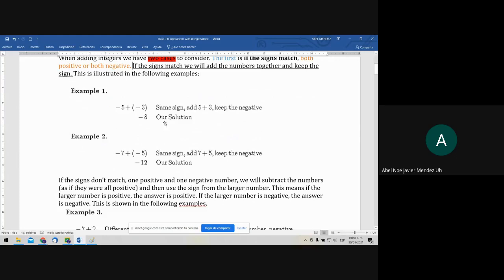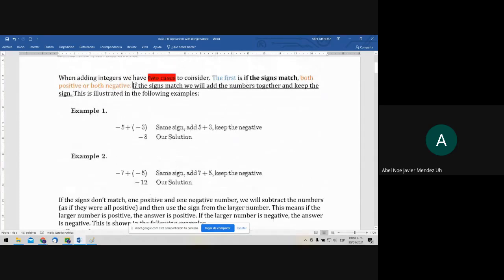And if you can observe, they have the same sign. What are we going to do? Add both numbers. Why? We just follow this rule, okay? If the signs match, we will add the numbers together and keep the sign. That is all that we need to do.